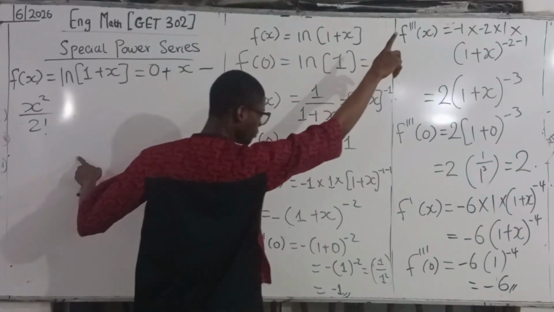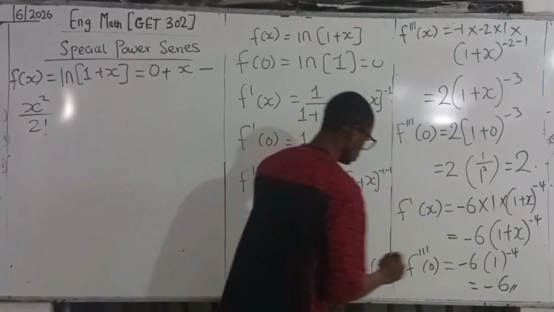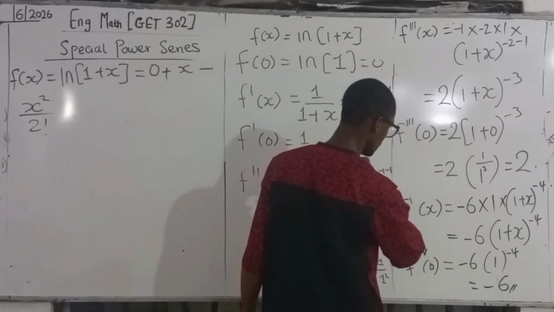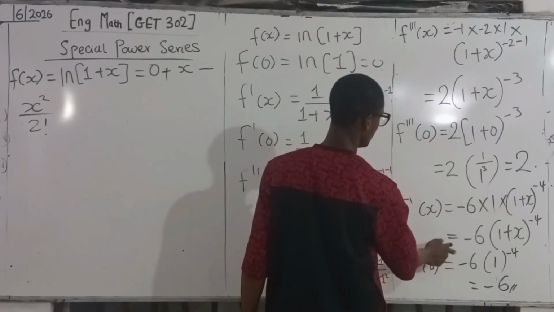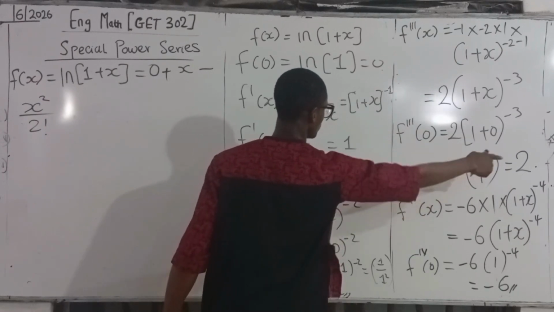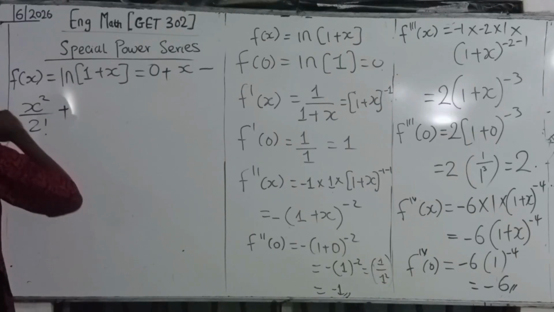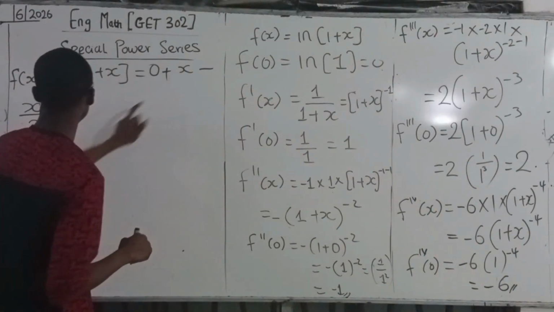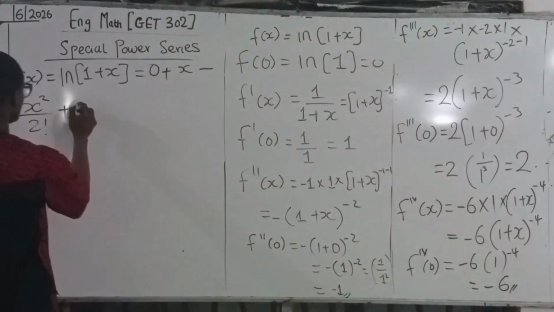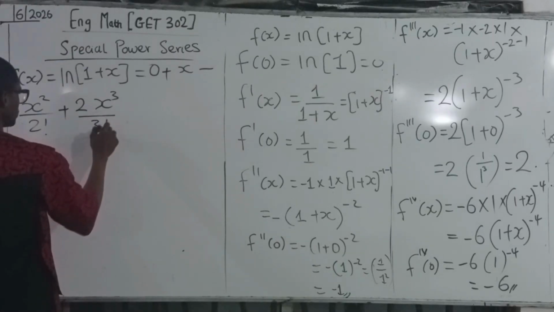Then plus f prime, which is 2, so plus 2 x to the power of 3 all over 3 factorial.